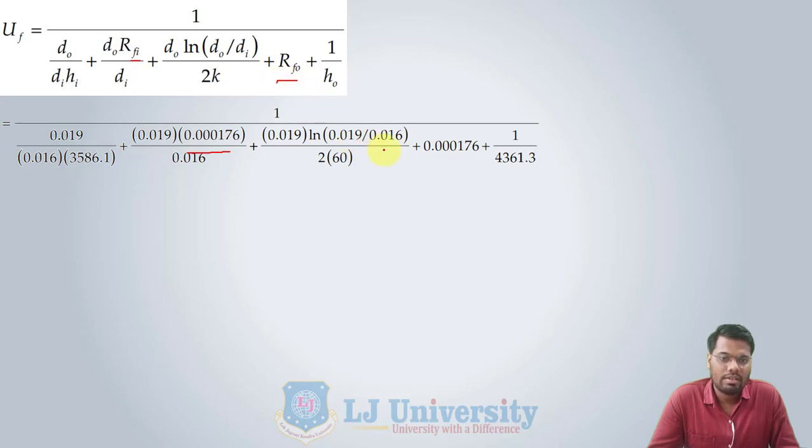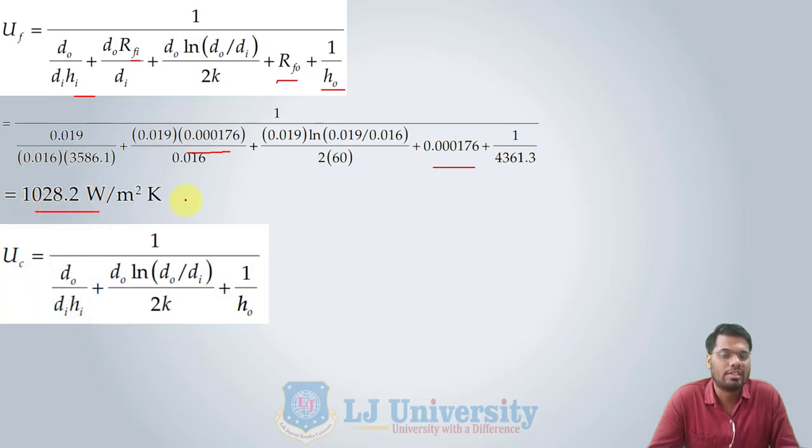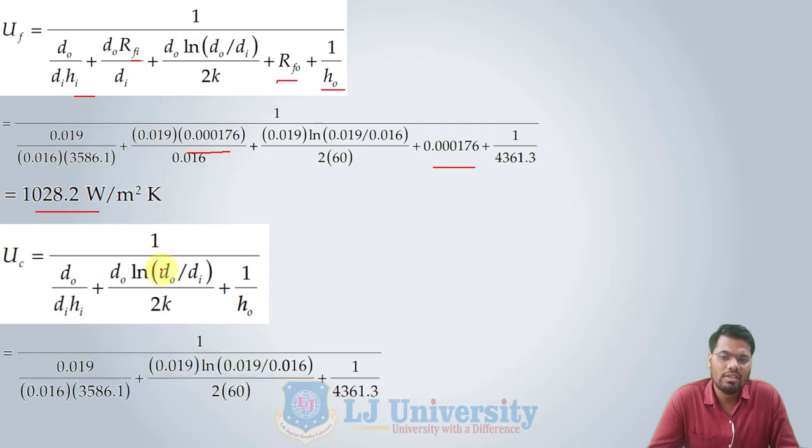This is again a fouling resistance, so we have put in the fouling resistance. We know the value of both the heat transfer coefficients, hi and ho. So putting in the values of hi and ho, the shell side heat transfer coefficient as well as the tube side heat transfer coefficient, in this equation, we will get the fouled overall heat transfer coefficient, which is 1028.2 watt per meter square Kelvin. For the clean surface, it would be 1701.7 watt per meter square Kelvin.